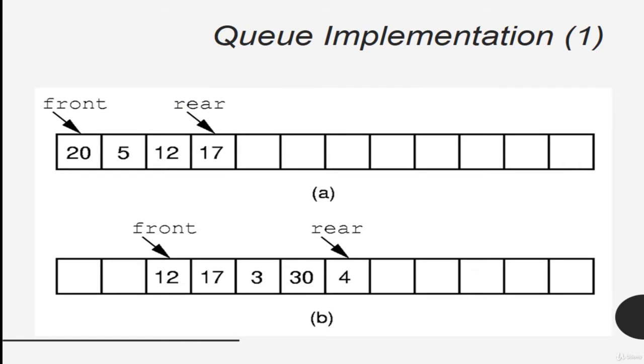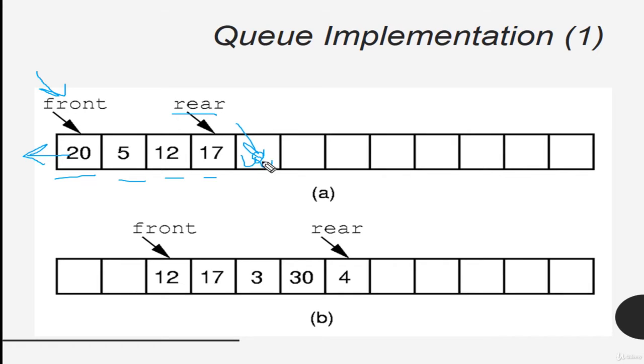There are some implementations of the queue. Let's just see, you are adding values at the front, like 20, 5, 12 and 17. If you want to delete any value, you can move like this one, or if you want to add any values with the help of rear, you can add like this.